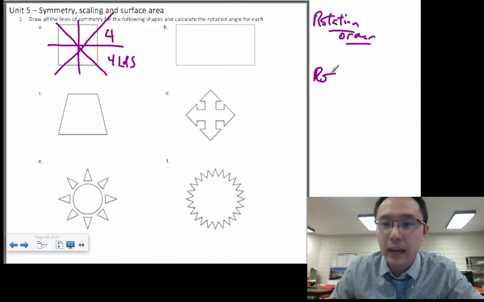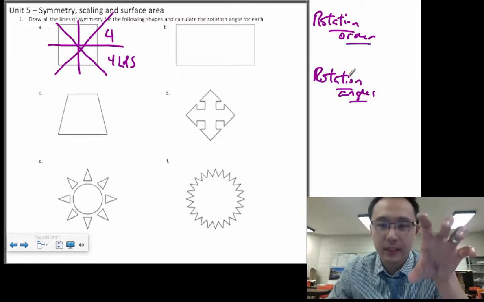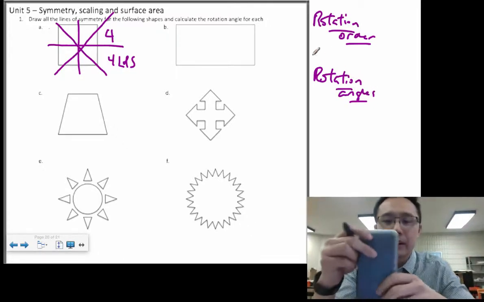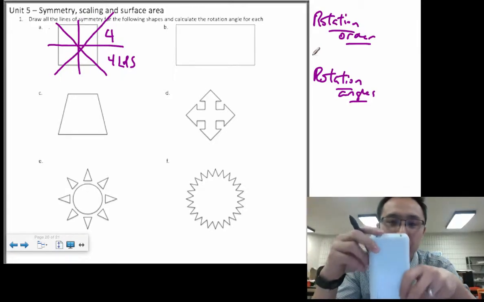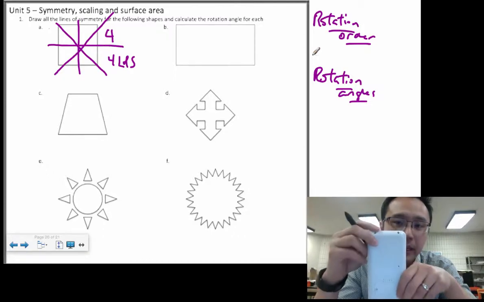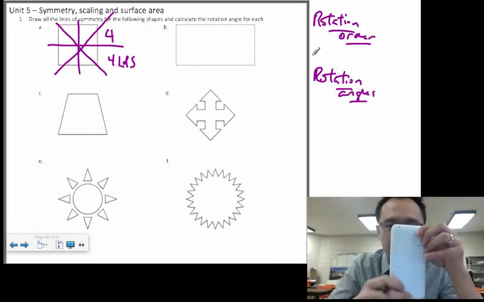The rotation angle, when I was saying 90 degrees, is the angle you have to rotate it to make it look exactly the same. So if you think about this calculator, if you imagine this is a perfect rectangle, rotation order is how many times I can rotate this to make it look like this rectangular shape. So I can't rotate it like this, but I can rotate it like that.